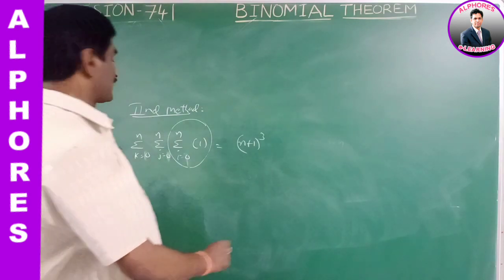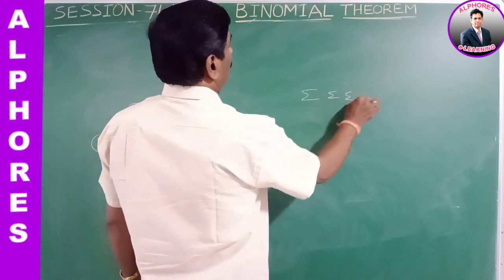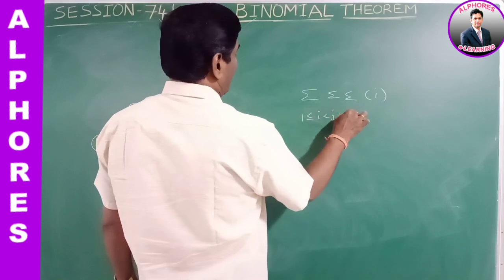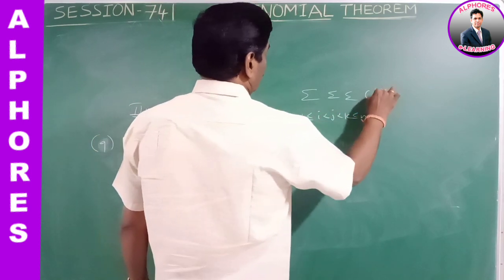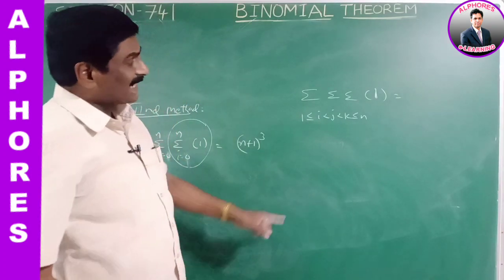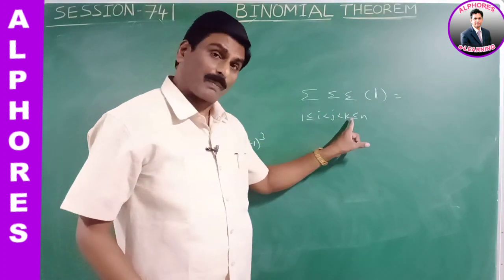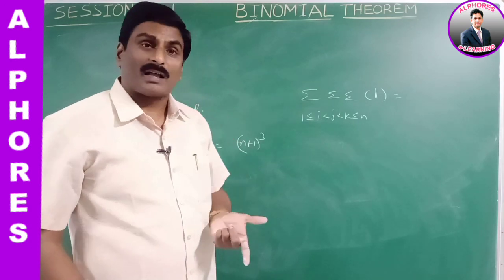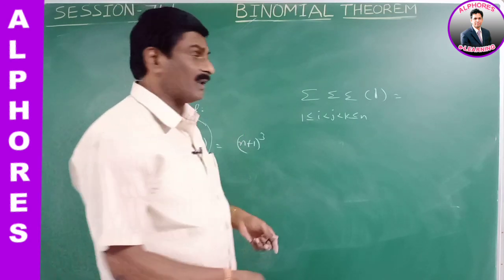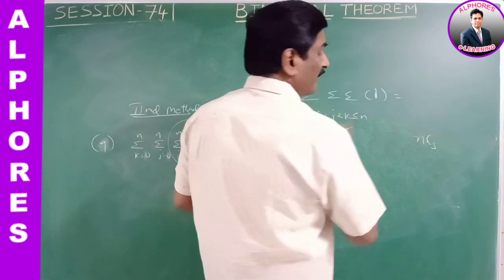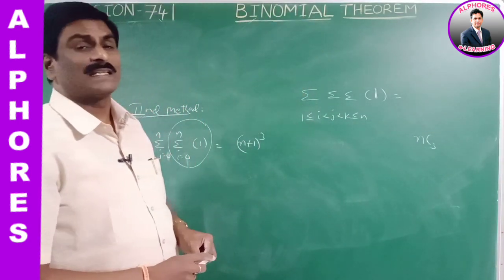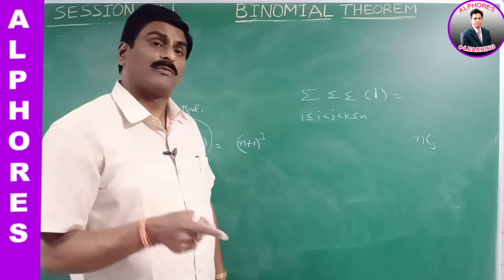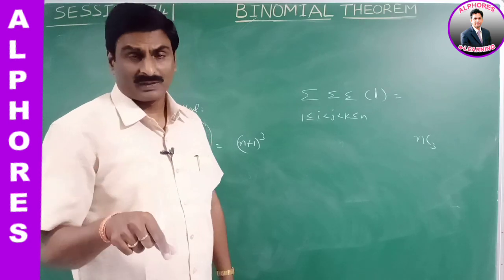Next, suppose the question is in this way: triple sigma of 1, with 1 less than or equal to i less than j less than k less than or equal to n. What is the value? In this case also i, j, k are triplets, but they are in a specified order. If i, j, k are in specified order, how many ordered triplets are available? nC3 ordered triplets are available. Corresponding to every ordered triplet, there will be one term, and that value is 1.